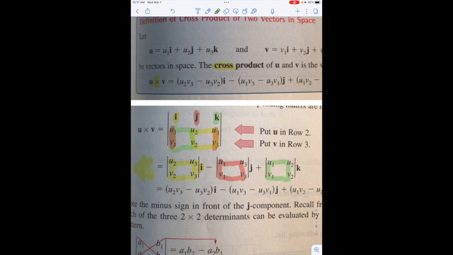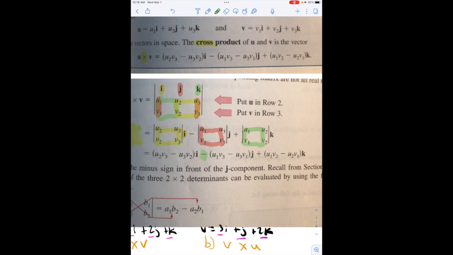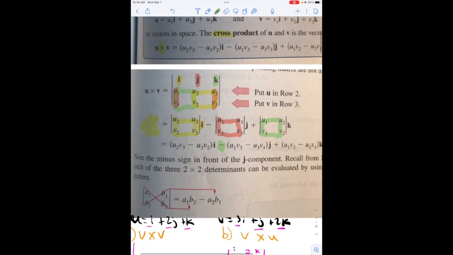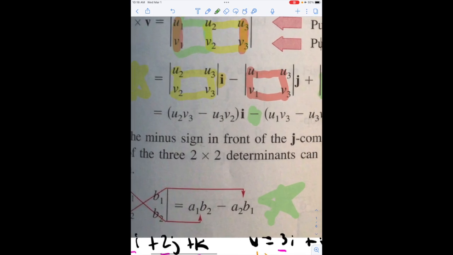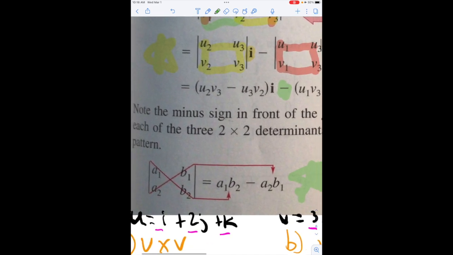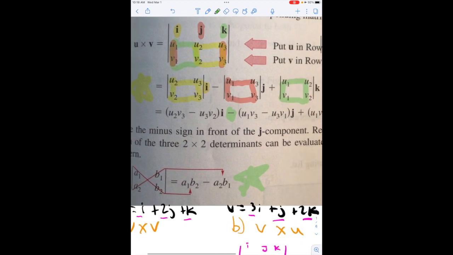And note the minus in front of the J, right here. Each of these three 2x2 determinants can be evaluated by using the following pattern. This is how we calculate these matrix-type equations. With the cross product, you're going across, you're going at the diagonal to determine what it is.